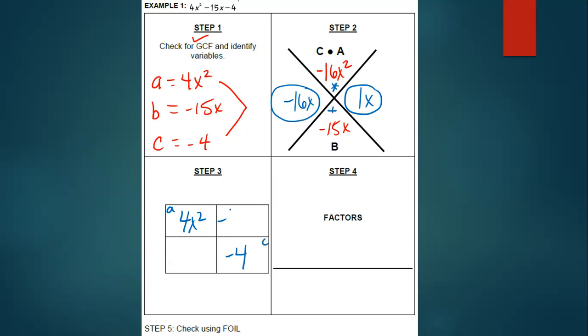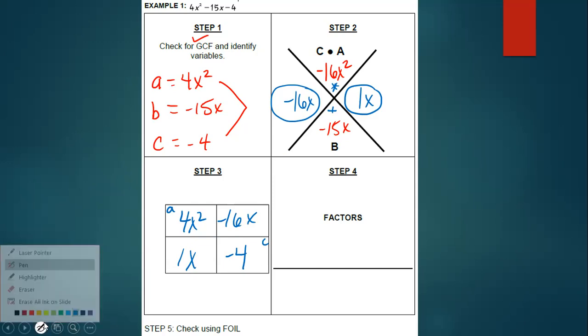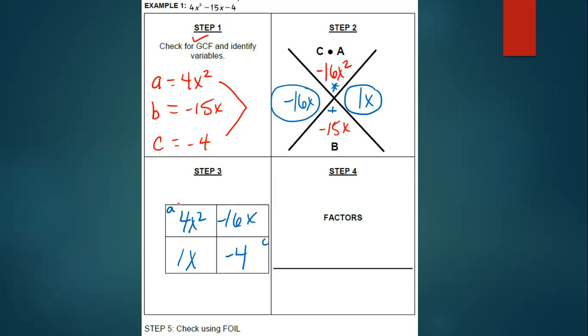So in my X, we got negative 16x and positive 1x. Let's repeat again. A, always first term, first box. C, last term, last box. X marks the spot. So what goes in our empty spots? What we got from our X.